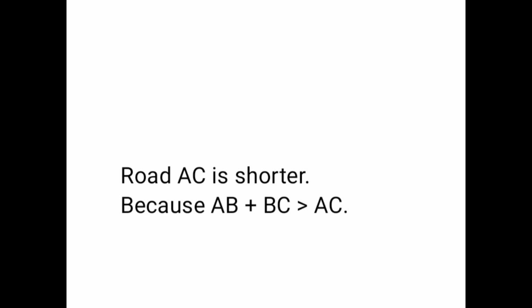So road AC is shorter. And you have to give the reason. Road AC is shorter because AB plus BC is greater than AC. Road AB plus road BC is greater than road AC. So road AC is shorter. So this much is the answer.